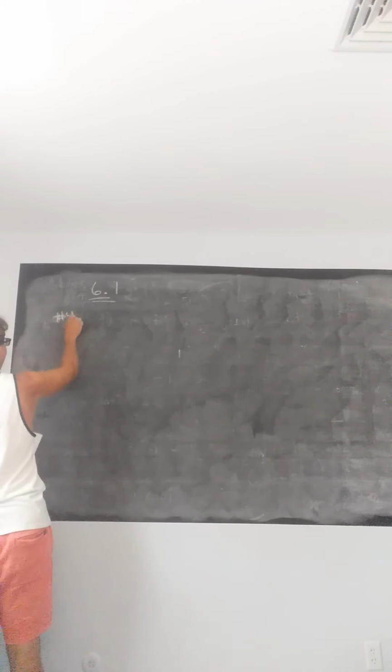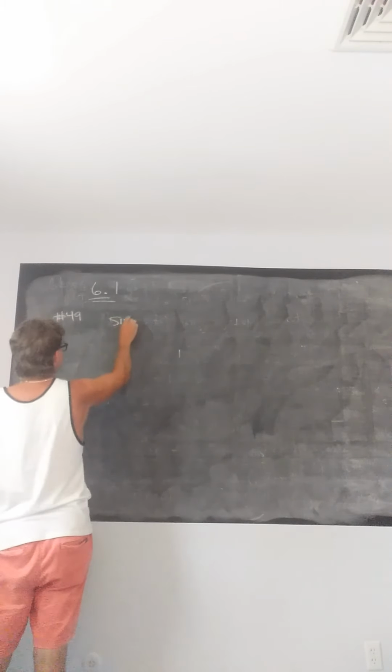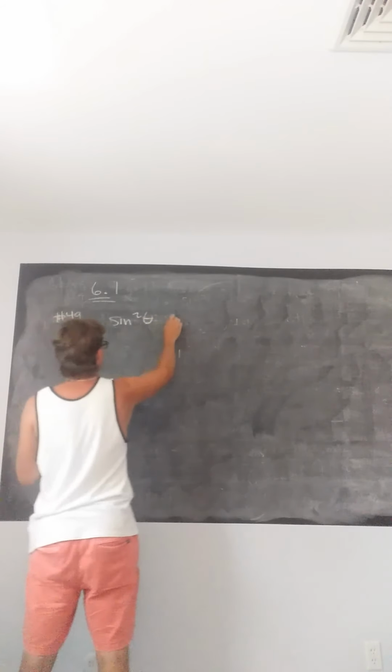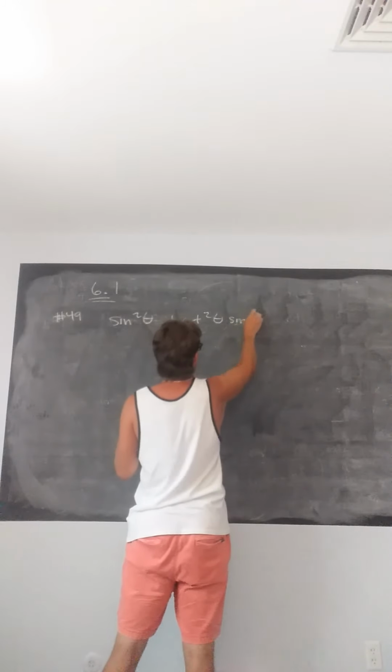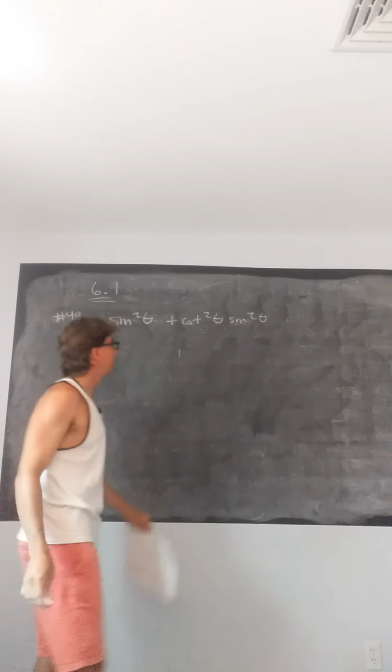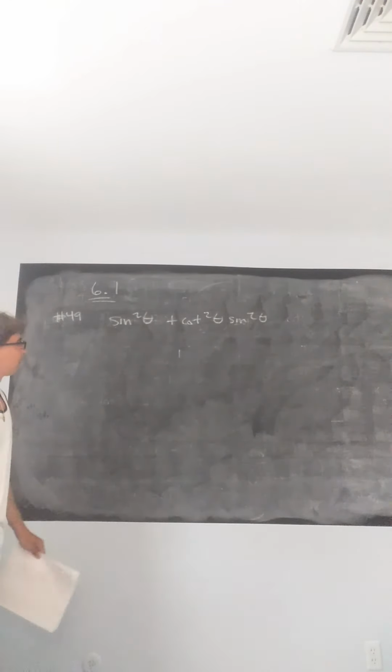So let's look at a problem like this one, number 49. Now we're going to be talking about factoring. So in the book we have sine squared theta plus cotangent squared theta sine squared theta. So we're adding those two things together. What we want to do is factor.